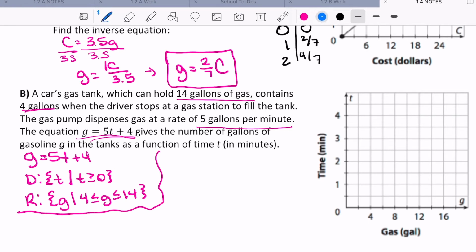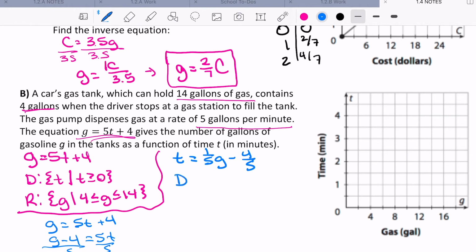In order to find it, we are going to solve for t, which means we are going to subtract 4, and then divide by 5. So my inverse function is t equals 1/5 g minus 4/5. This is what we want.